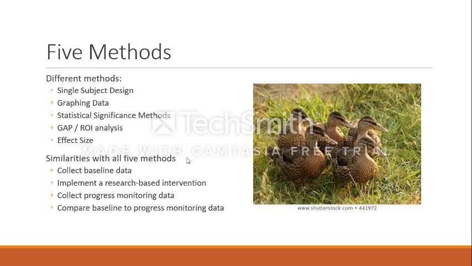And then they all compare baseline data to progress monitoring data. So as you can see, every single one of these methods requires all of the parts of the response to intervention model: assessment tools, interventions, and some method of determining data analysis.